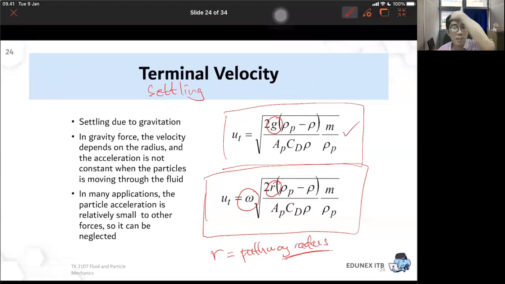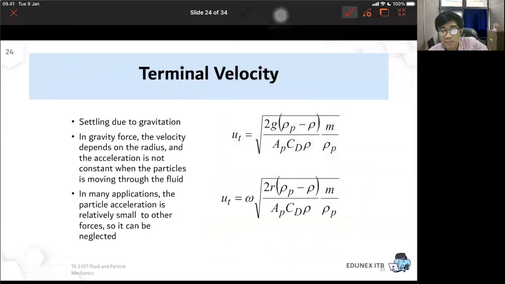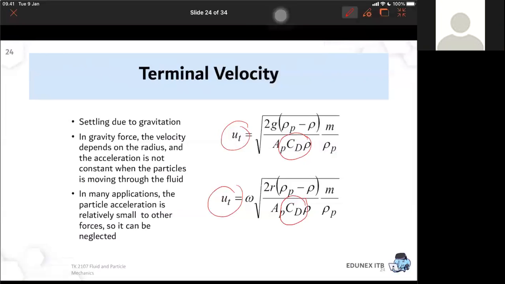Same, settling velocity or terminal velocity. Okay, what can you see from this equation? The velocity will depend on this one, right? And then how to calculate CD?